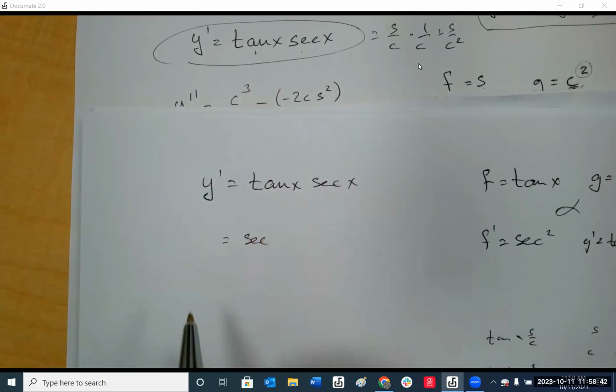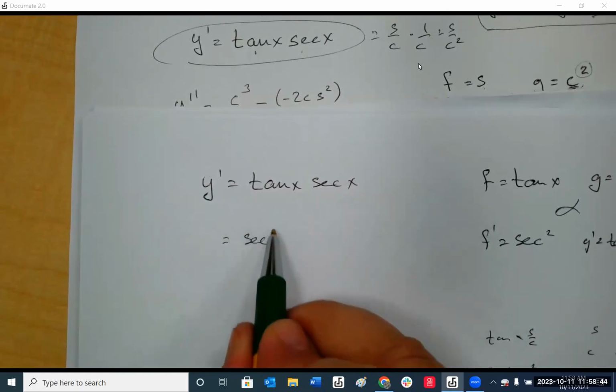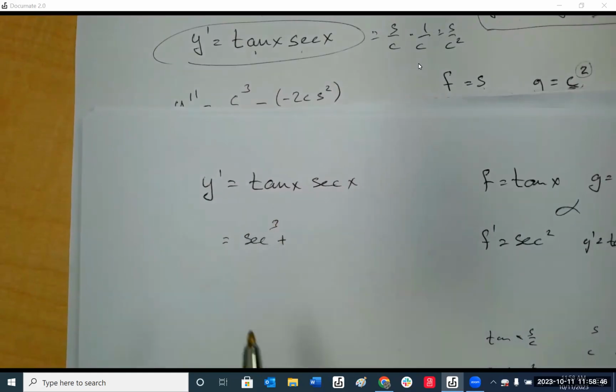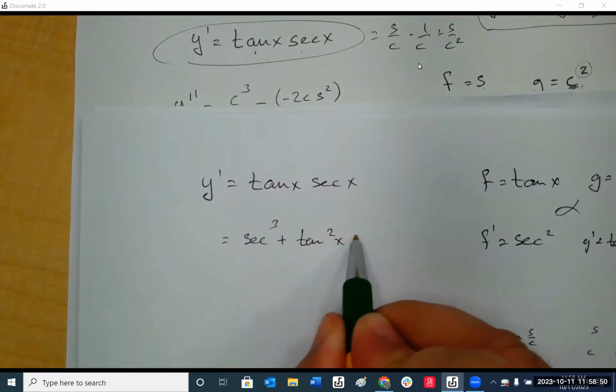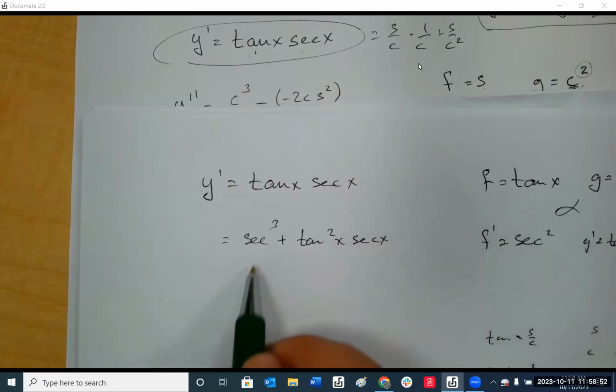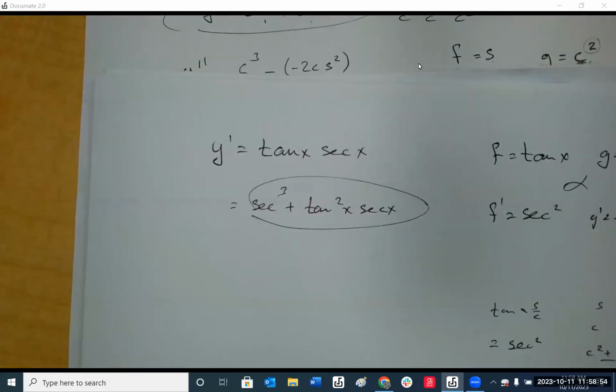So it's secant. This is a product rule, so we have secant cubed plus tangent squared times secant. That makes more sense. So there it is. If we break it down to sine and cosine, that makes it more difficult.